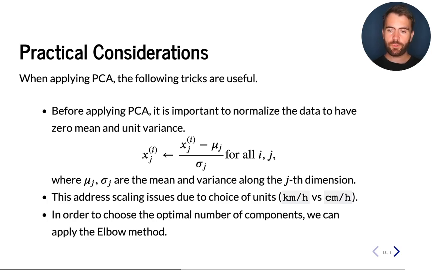The reason we want to do this is to address all sorts of scaling issues that might arise due to the choice of units. For example, in my example with motorcycle speed, if we were to switch from kilometers per hour to centimeters per hour, then we would inflate the value of that attribute by a lot, and it would look like we stretched our data along that one attribute.